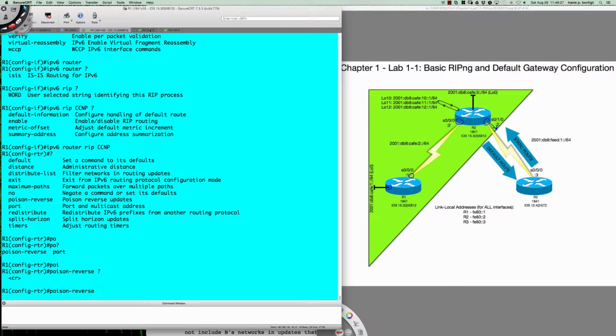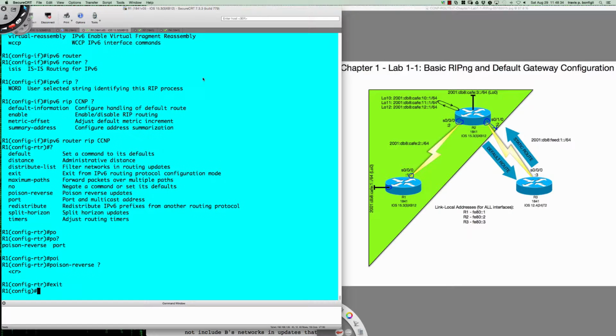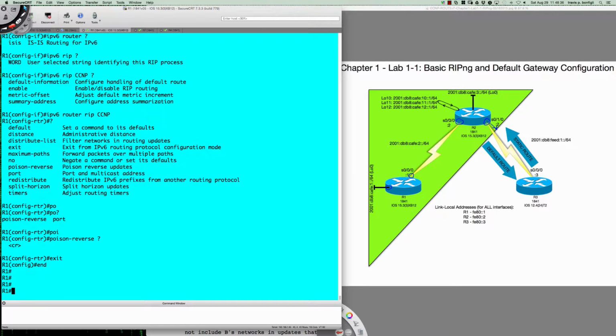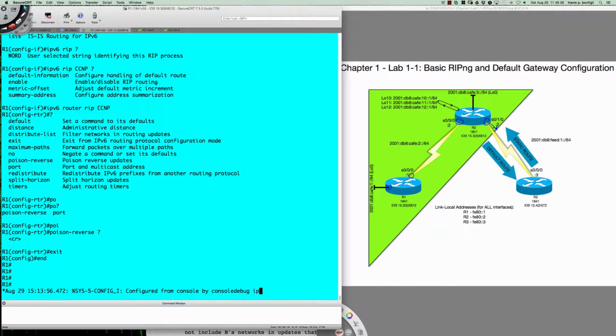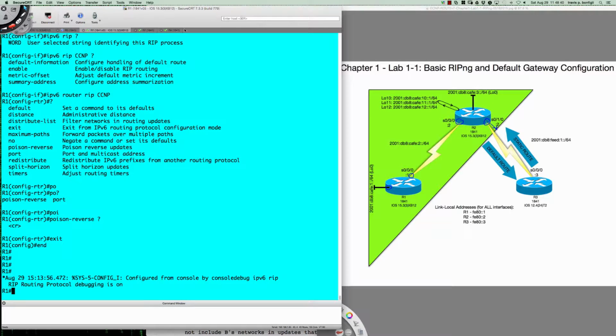Now, for a little richer output, we're going to do it on router 2. So let me exit out here, end back to privileged exec, and let's say debug IPv6 RIP. So we've got our debugs going, and every 30 seconds we're either sending or exchanging information, and that's actually a good point.